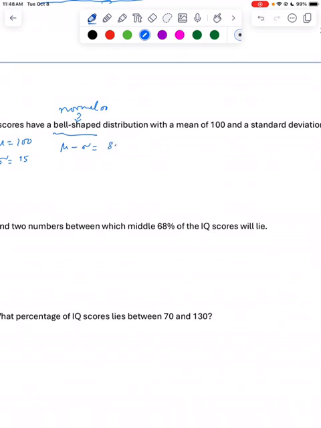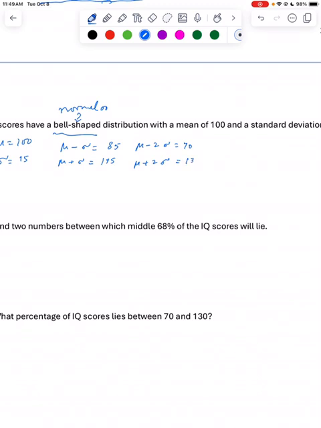Mu plus sigma will be 115. Mu minus 2 sigma will be equal to 70, and mu plus 2 sigma will be equal to 130.